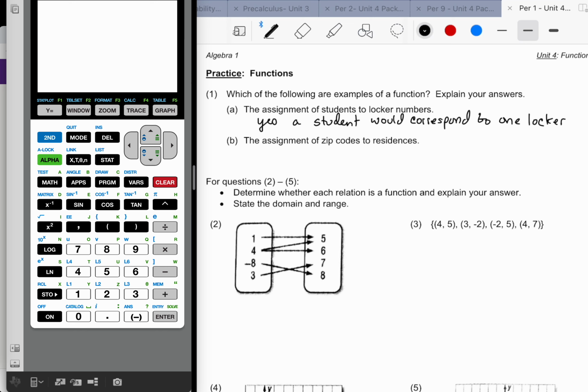So I'll say yes, if you know the specific house number, road, town, you would be able to identify the zip code.